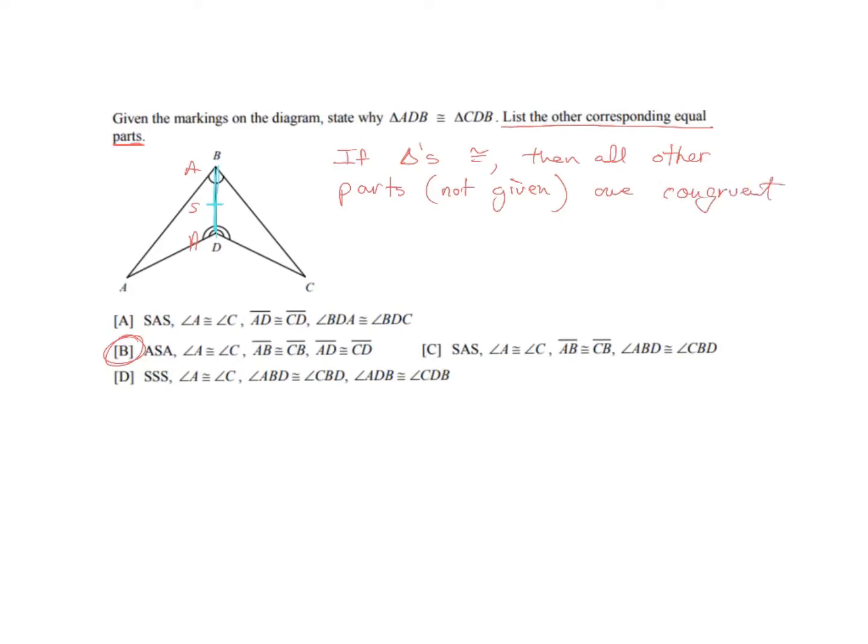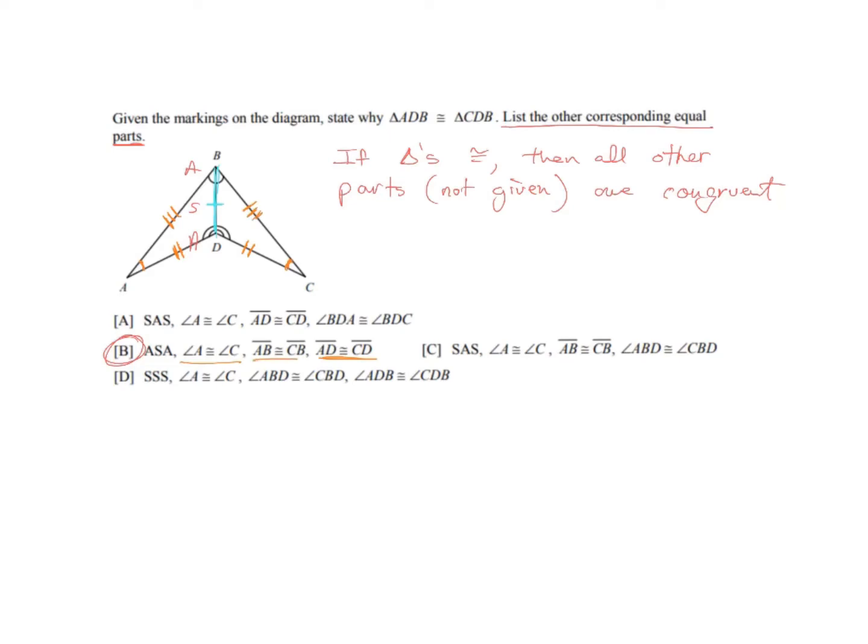Or, you know, this is an if-then statement, conditional statement here. And basically what it's saying, okay, I have this angle, this side, this angle congruent, which means angle A and angle C also need to be congruent. And this side would also have to be congruent to this side. And same thing with AB and BC.